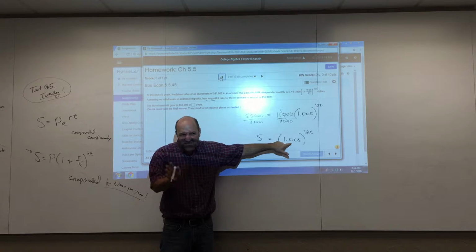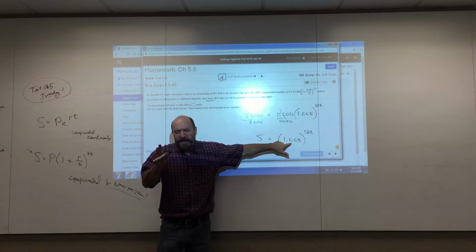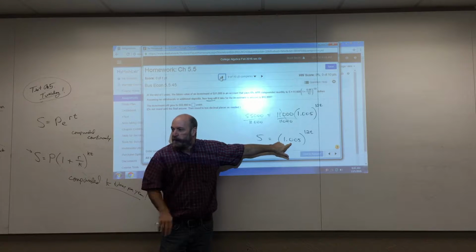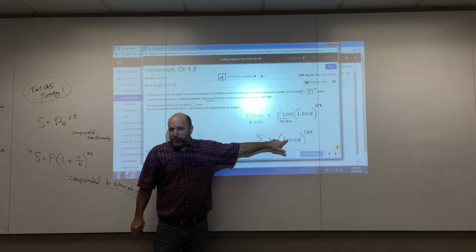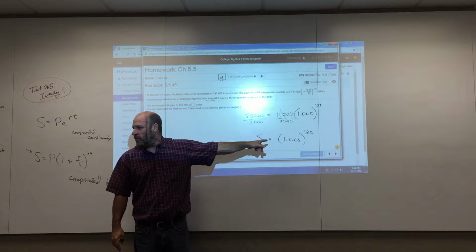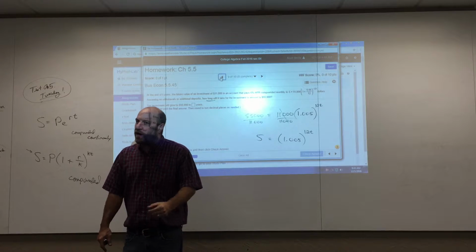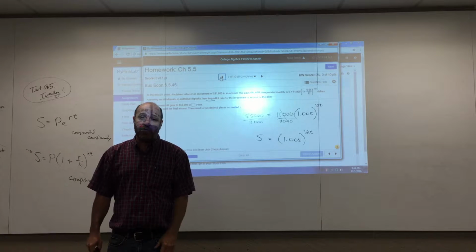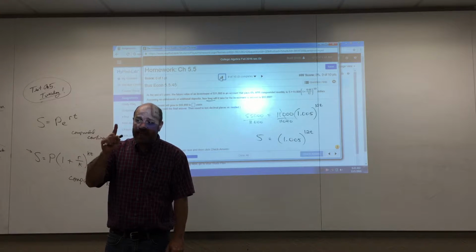I taught it to you last week or so, and my strategy is not to cancel the base, because I don't want to use a log base 1.005. I just want to use ln, but it doesn't cancel the base.